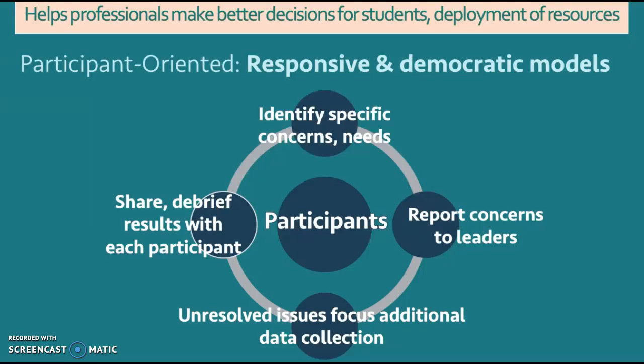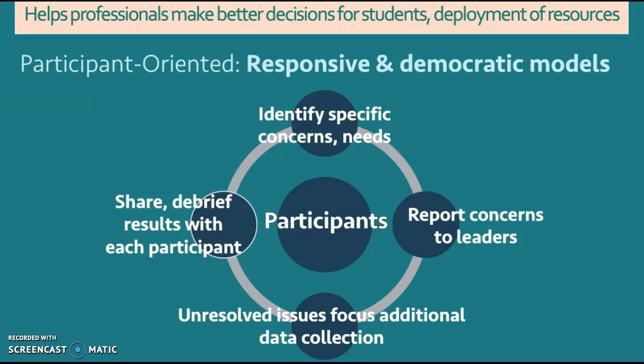And it's an active process of identifying the specific concerns or needs that participants may have, very clearly and intentionally taking those concerns to the leaders of the activity and reporting them and discussing those with leaders.